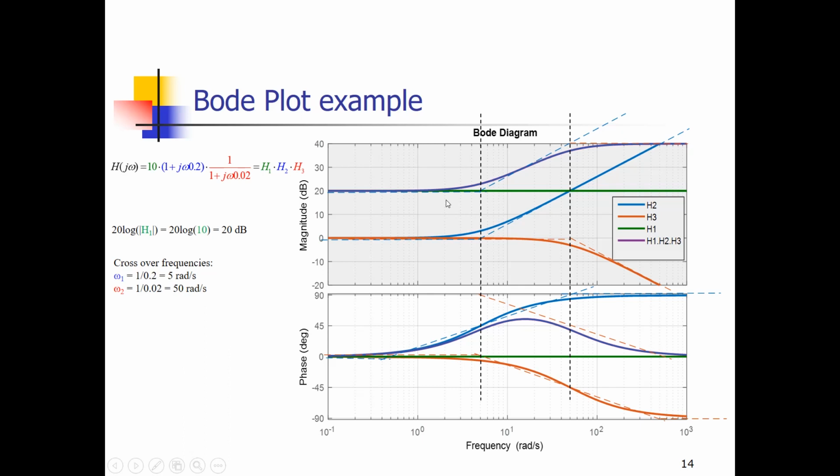For the phase plot, there is a similar approach. We have seen that for the green plot, the phase is always 0. From the blue plot, we see that for low frequencies, the phase is the arctangent of the imaginary part, omega times 0.2 divided by 1, so the arctangent of omega times 0.2. And when omega is very small, we get the arctangent of a very small number, arctangent of 0, which is 0.